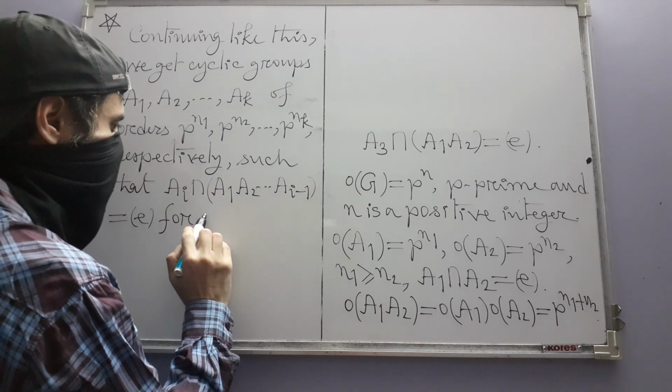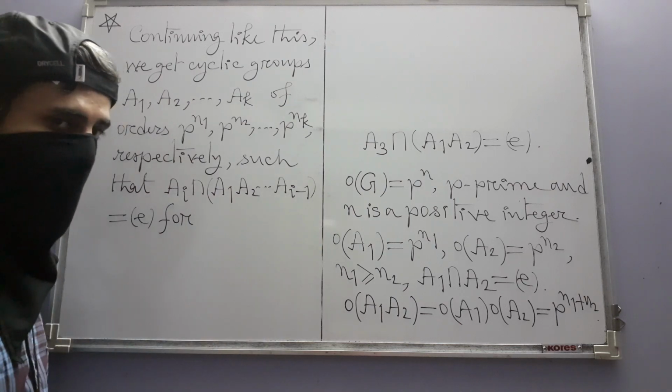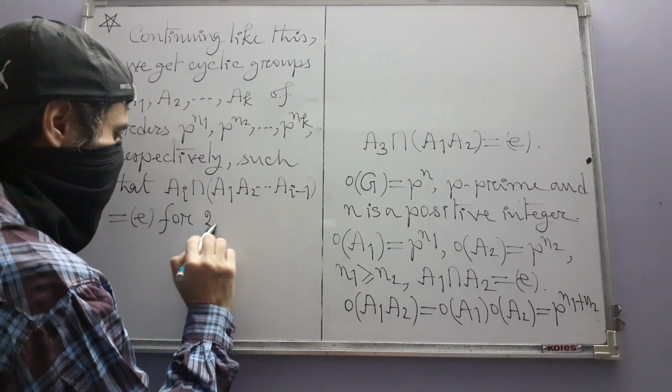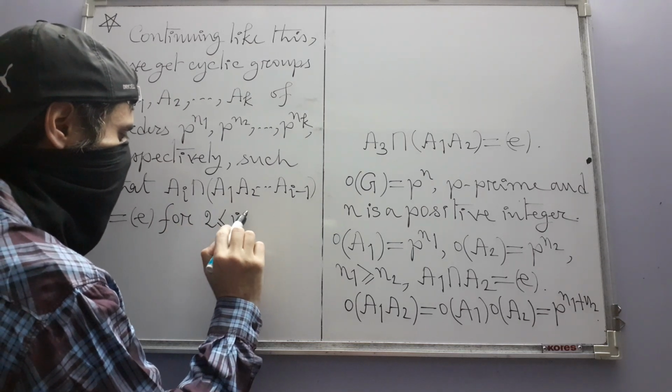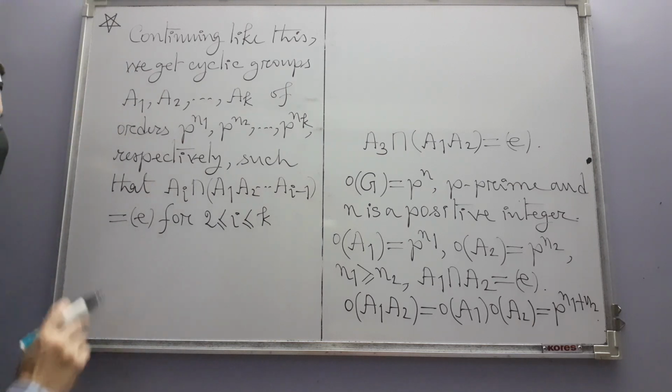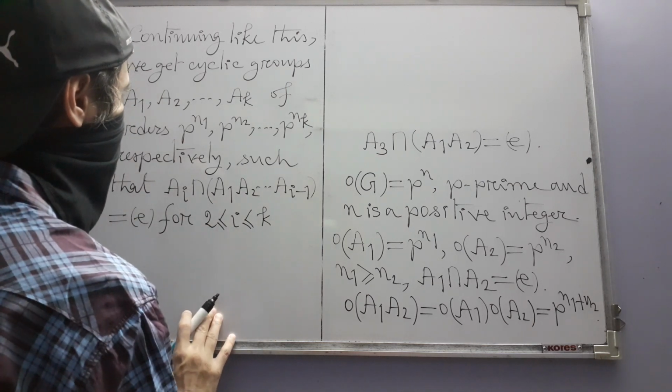Since we are mentioning i minus 1 and things start with 1, the least value of i will be 2. And of course it ends at k, such that this happens.